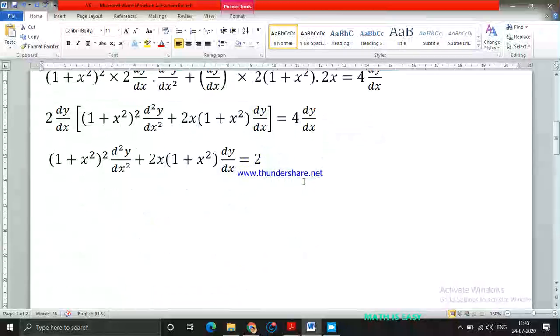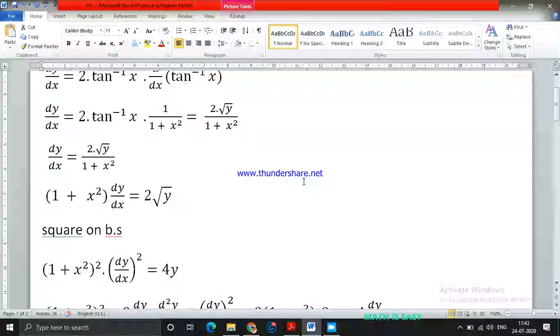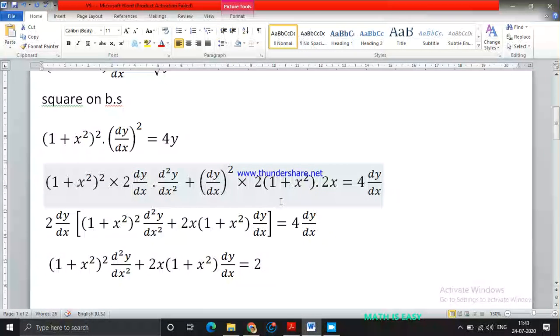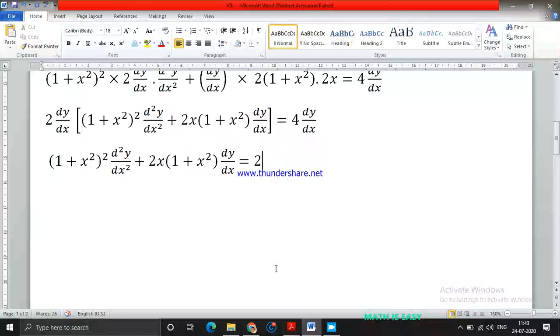Okay. So in this example, generally in the previous class we discussed, first you find d square y by dx square, then you find dy by dx and substitute here, and your answer has to come as 2. But in this example, I tried to prove the relation without substituting directly. See, we got the answer directly. We have not done any substitution of the d square y by dx square or dy by dx value.